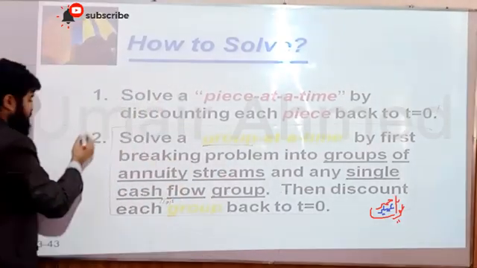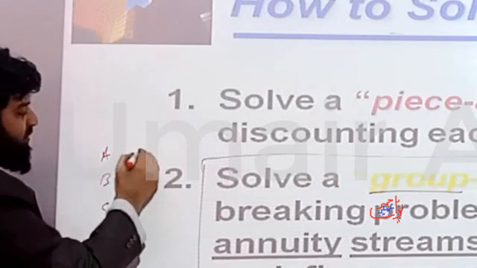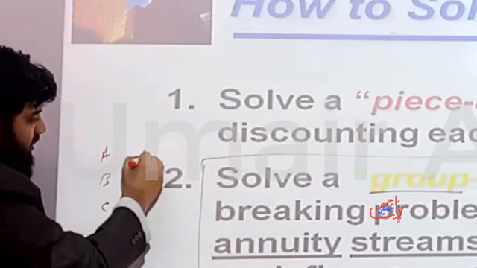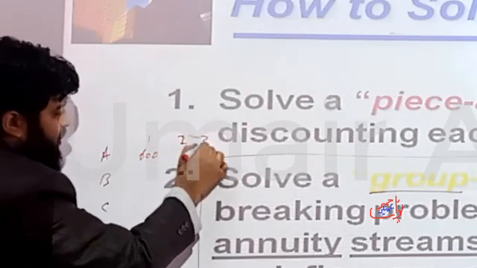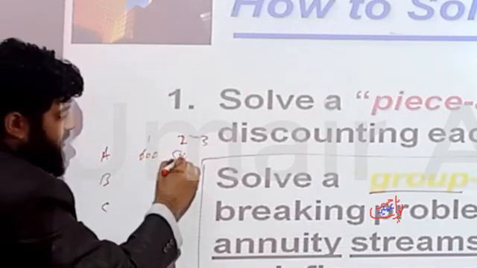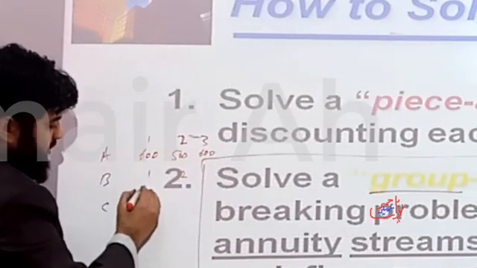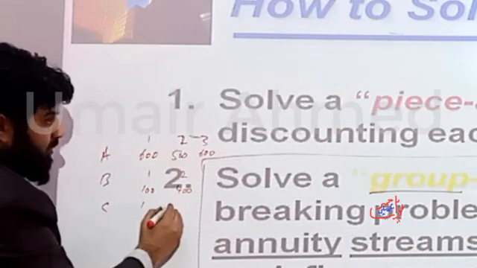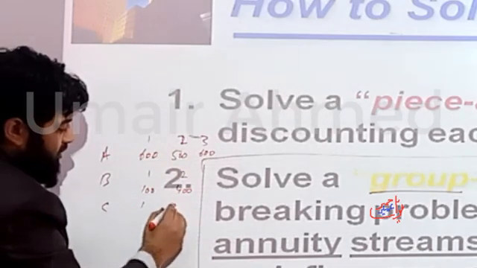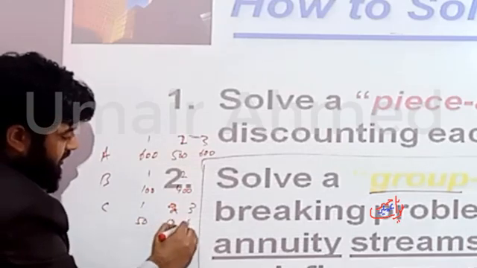Let's suppose you have different customers: customer A, customer B, customer C. You have to receive 3 payments from this customer. Okay, you have to receive 2 payments from this customer, like this, and from the final customer, you have to receive the following payments.